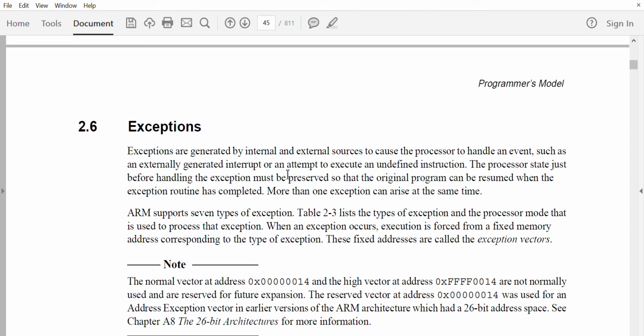There are also registers that are going to be used in the subroutine. All these values should be preserved somewhere. Then it will go and service that particular routine, that other program, and come back and resume the actual program. ARM supports 7 types of exceptions.